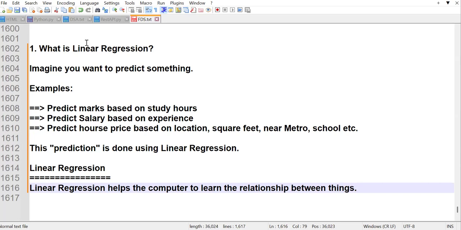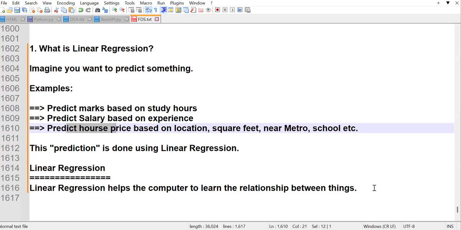When study hours are more, what will be the marks? This is the future prediction. If experience is X, then what will be the salary? If location is that, then what will be the house price? Like that we predict.